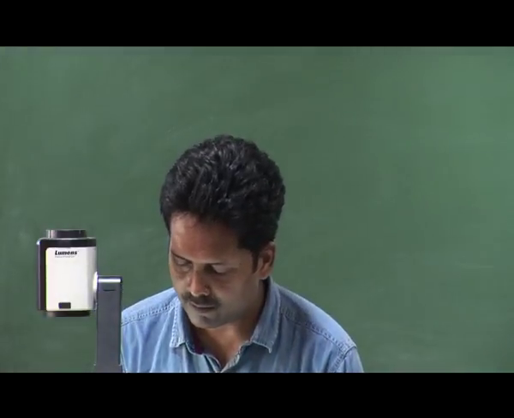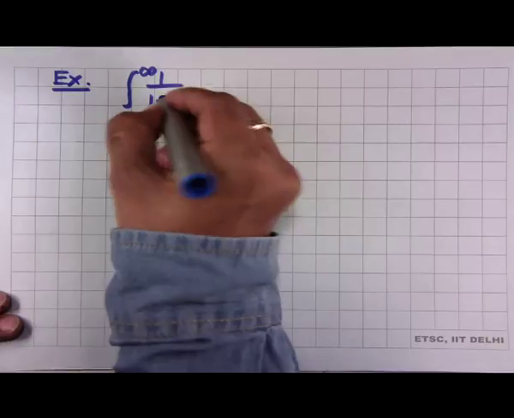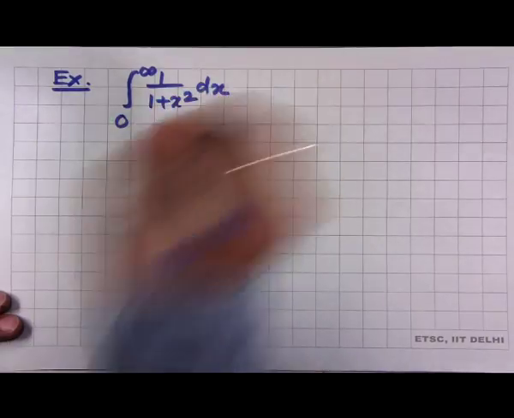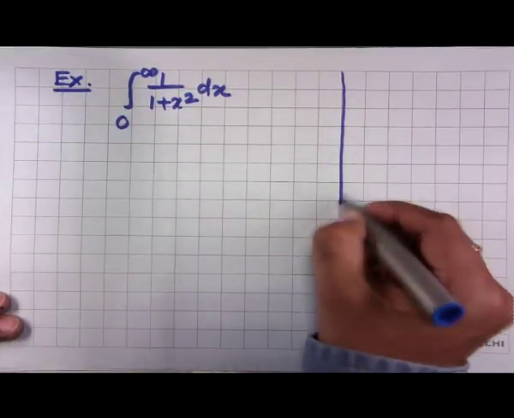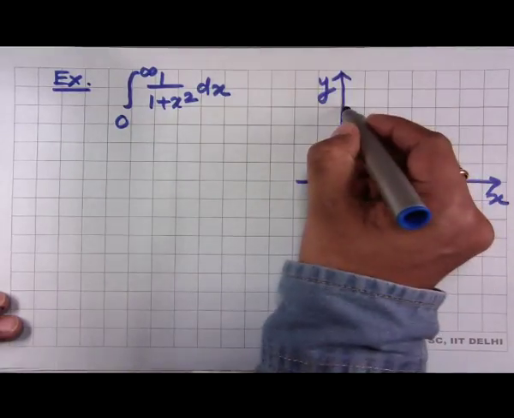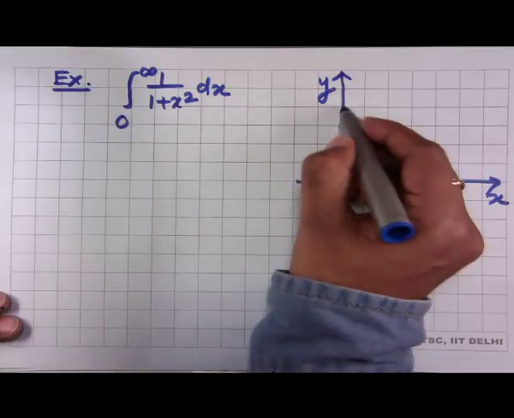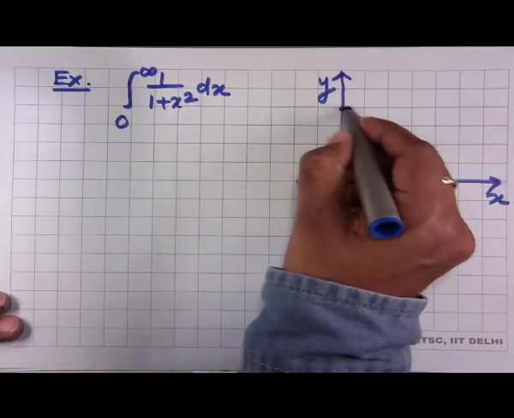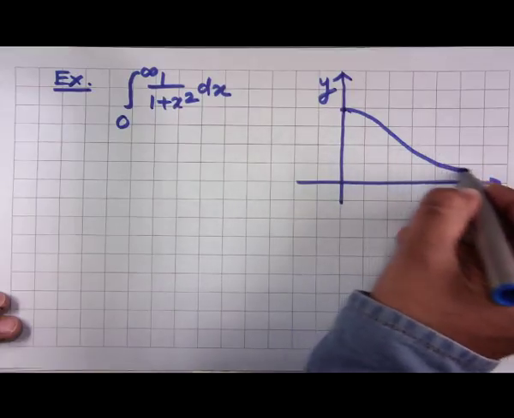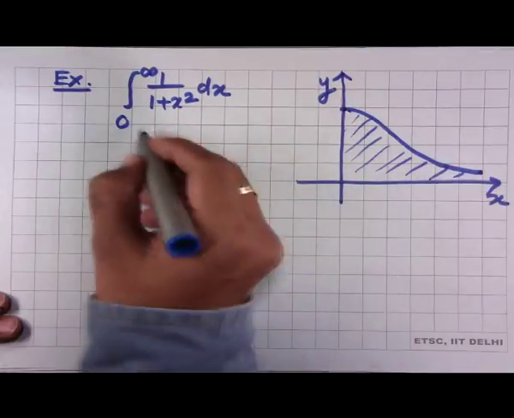So, example 1, 0 to infinity 1 by 1 plus x square dx. If you plot this curve, at 0 it is 1 and at infinity it is 0, it will go like this. So, this is the area that is given by this integral.